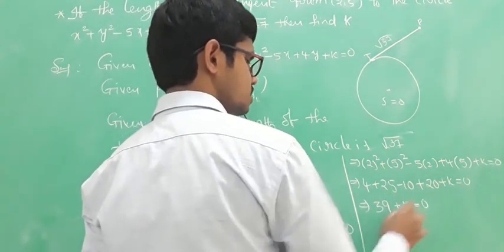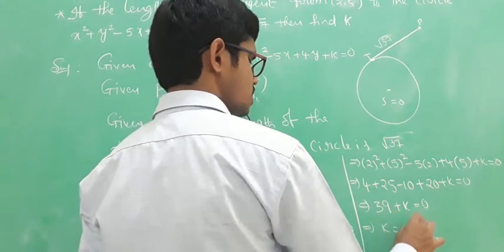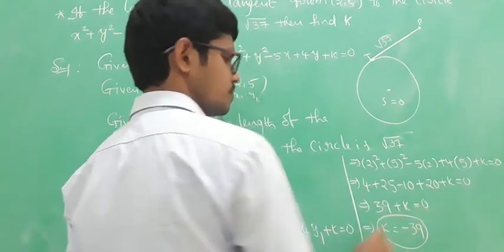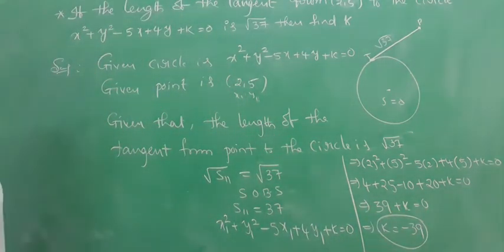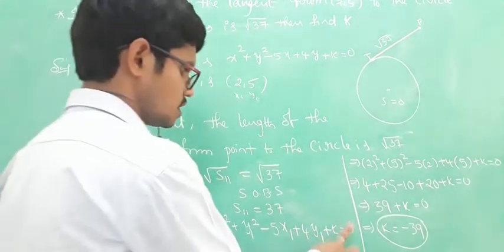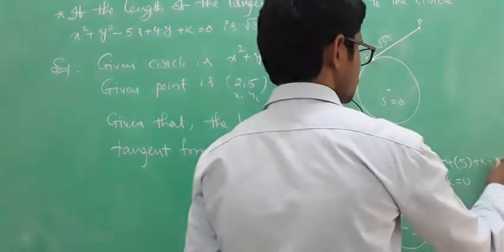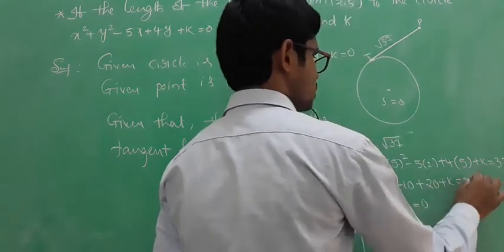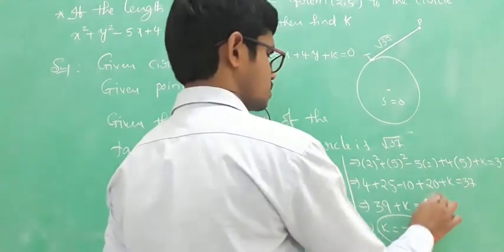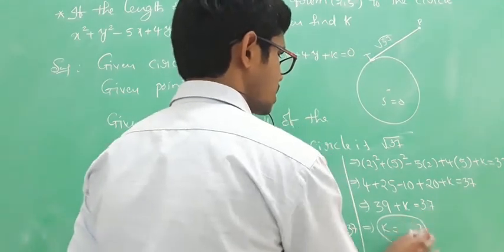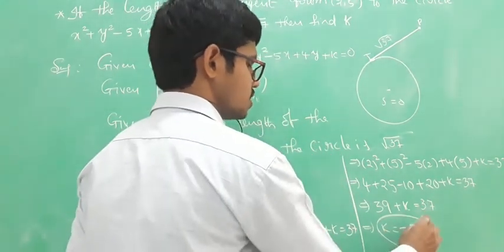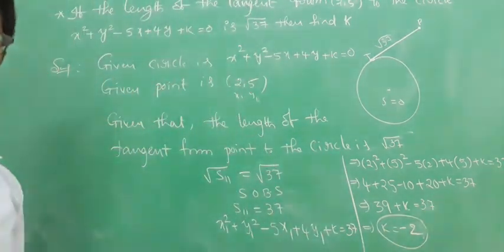I am very sorry students, this is equal to 37. So 37 minus 39 is minus 2. So k is minus 2.